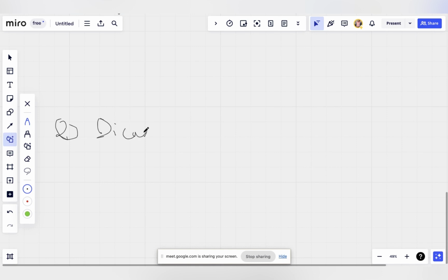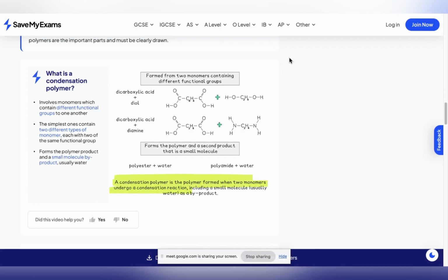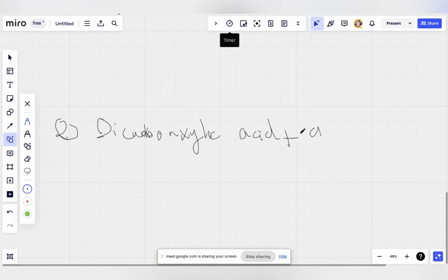Dicarboxylic acid plus amine. Dicarboxylic acid plus diamine, two of it, diamine react together with... plus diamine.